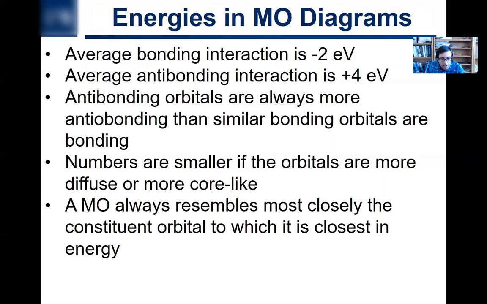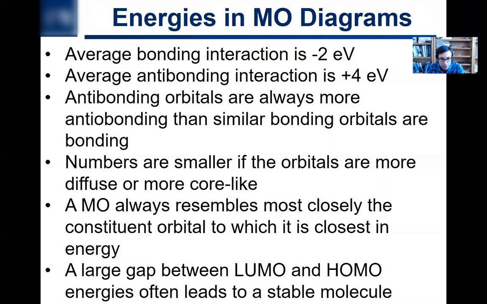And this point is pretty important and one that we will come back to multiple times, and will be helpful in your homework problems. A molecular orbital always resembles most closely the constituent orbital to which it's closest in energy. So if you're going to draw an electron distribution profile, and one atomic orbital is closer in energy to the MO that you care about, the picture of that MO, the electron probability profile, is going to look more similar to the atomic orbital to which it's closest.